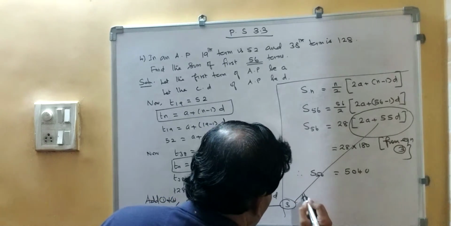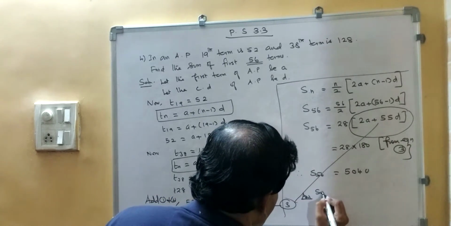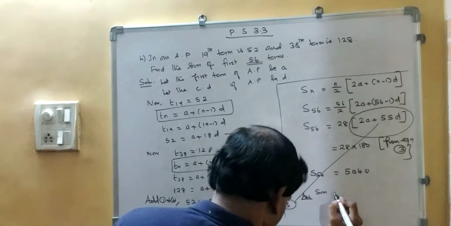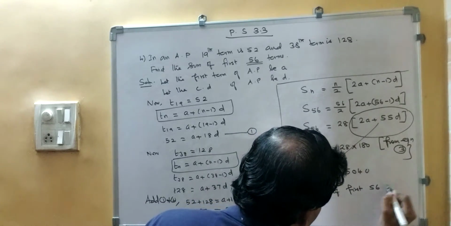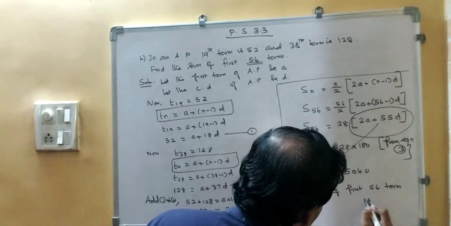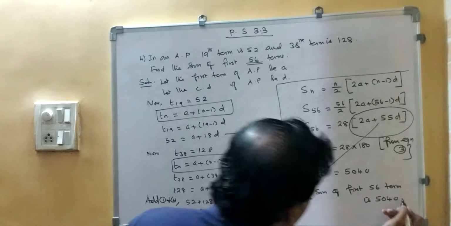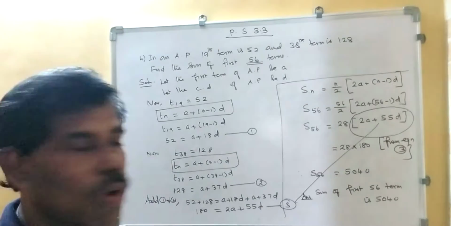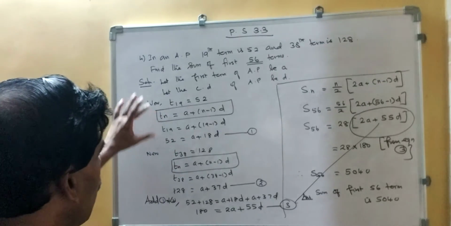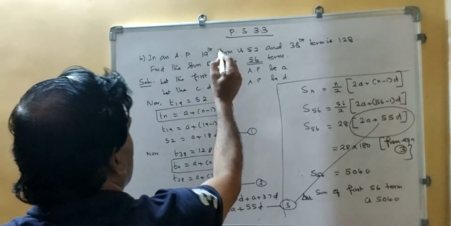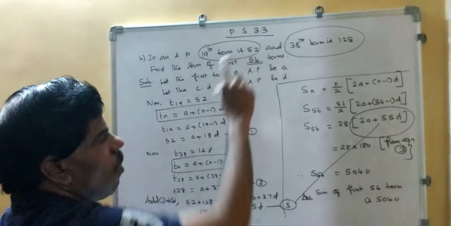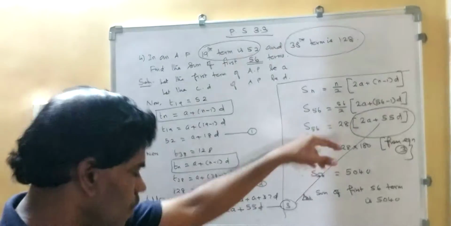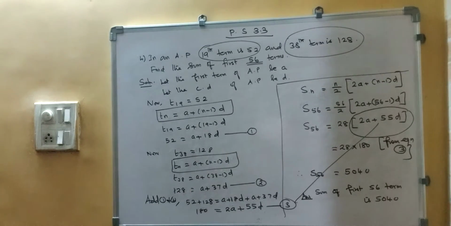Therefore, sum of first 56 terms is 5040. Look at this, how we have done. By using these two conditions, we have got the value of S56 this way. Okay. Now, next one.